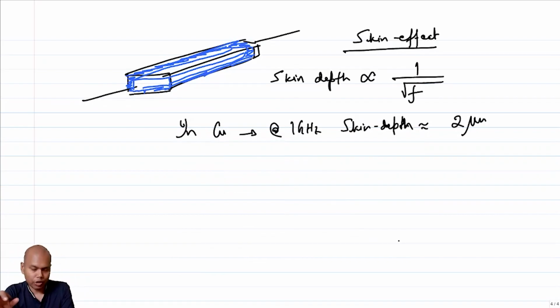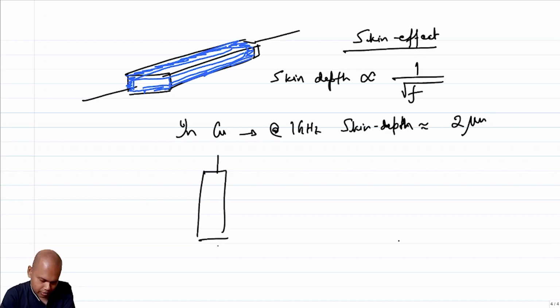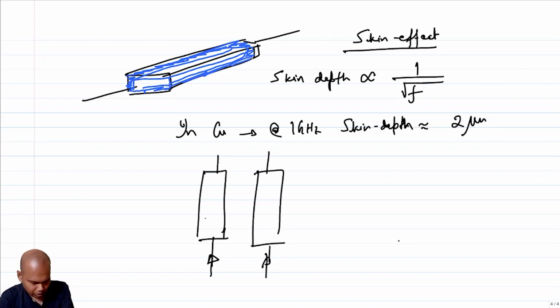Now again, I am showing you a top view. So let's say you have this wire and you have this wire. Both of them are carrying current in the same direction. Now consider the current in wire A. So let's say this is wire A and this is wire B. Now consider the current in wire A. What will be the magnetic field associated with the direction that I have shown?